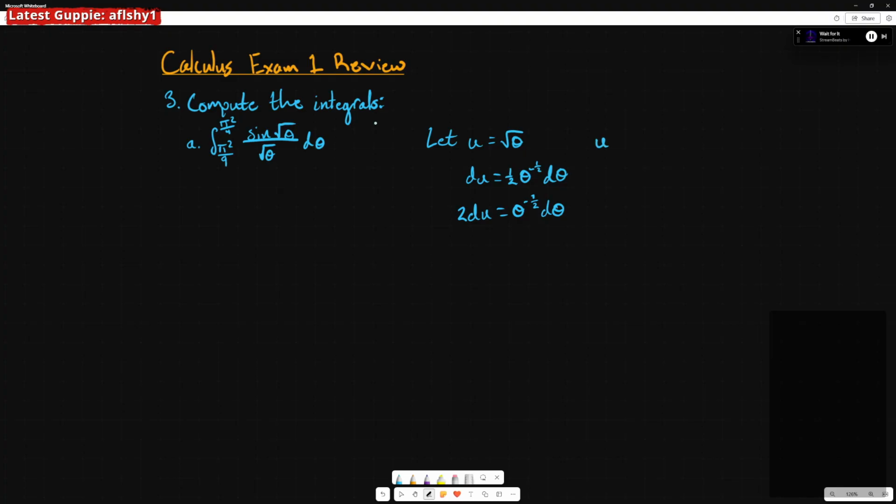So we can say u1 is equal to square root of pi squared over 9, which is equal to pi over 3. u2 is equal to square root of pi squared over 4, which is equal to pi over 2.